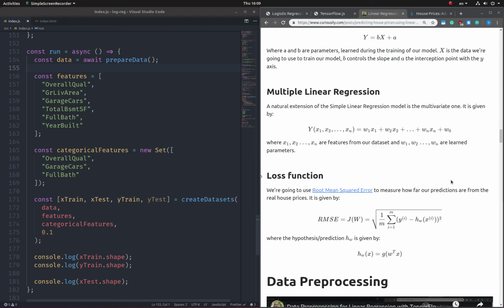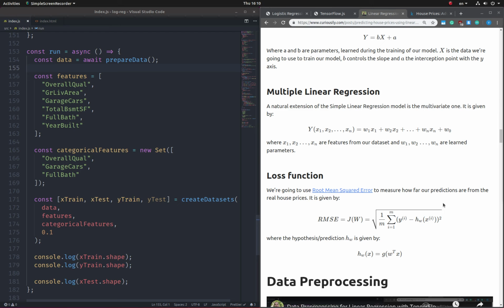So in our case we're going to use the root mean squared error, which is defined as such, and this error is going to measure how far our predictions are from the real prices of the house, no matter if the value is below the actual price or above the actual price. That is taken care of by the squaring of this function, and we're just taking the root of that.